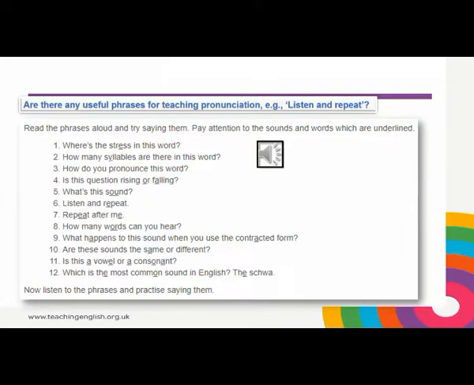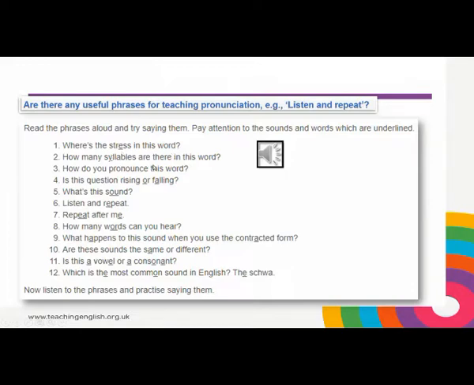So read the phrases aloud and try saying them. Pay attention to the sounds and words which are underlined. Where is the stress in this word? Okay, I can ask the students, where is the stress in this word?